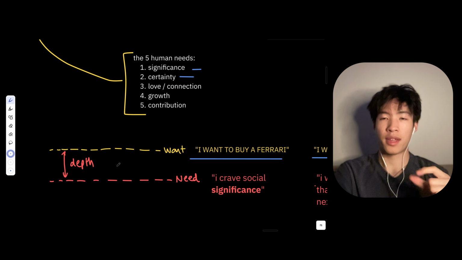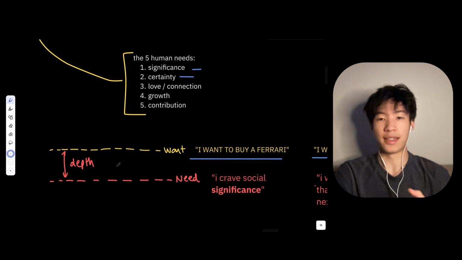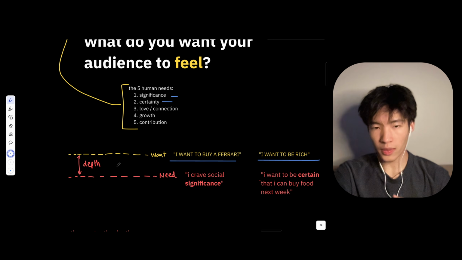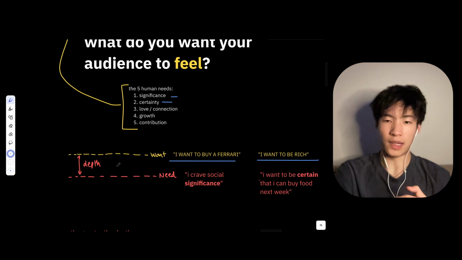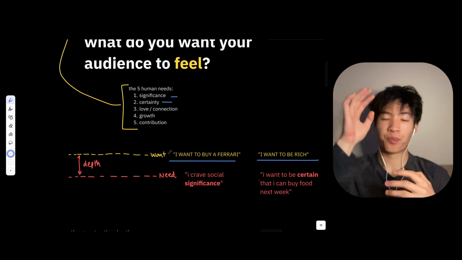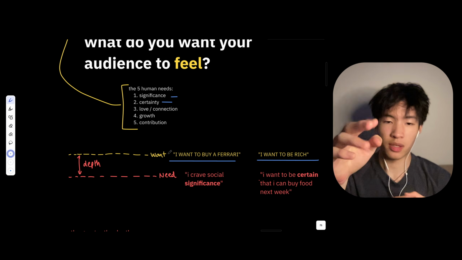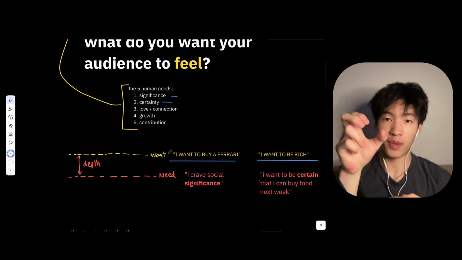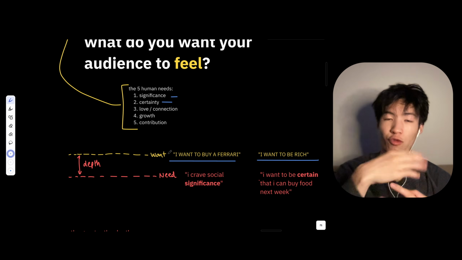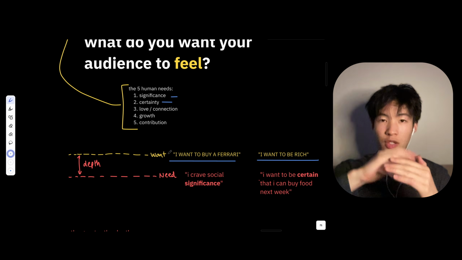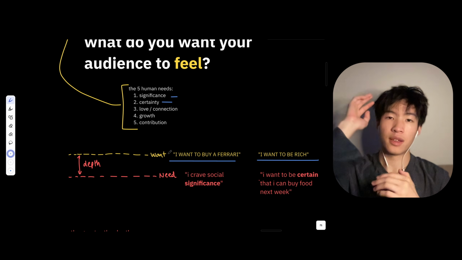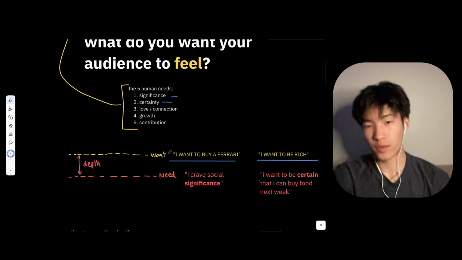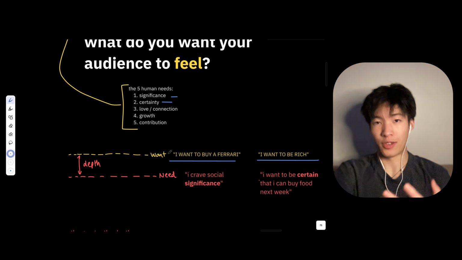And the bigger the depth, the easier it is to sell to someone, right? And so what you want is to actually reframe their want and change it so that they can see what they really, really need. And you want to elevate and maximize that difference of feel to actually sell to them.